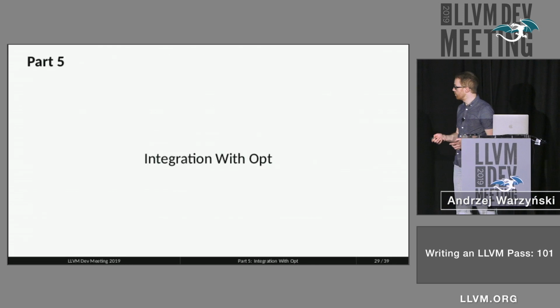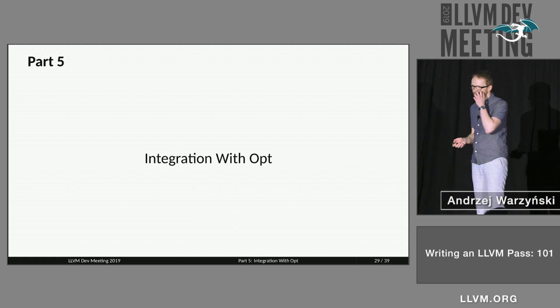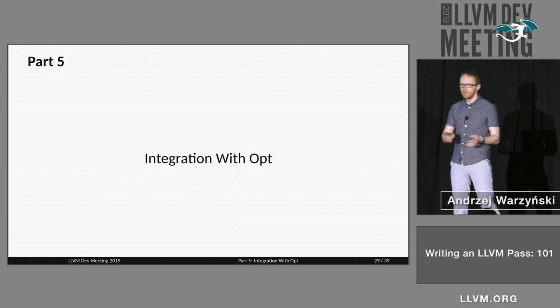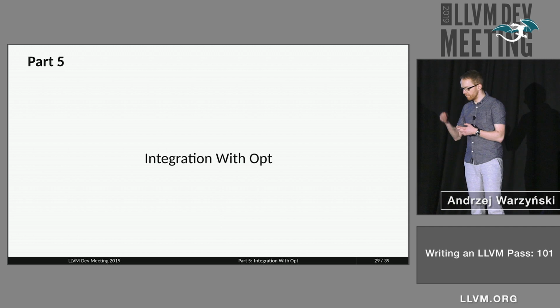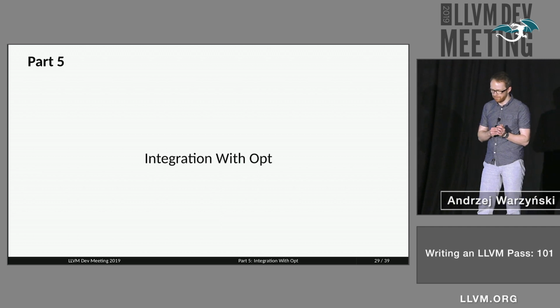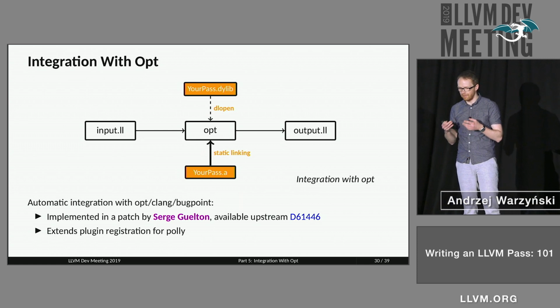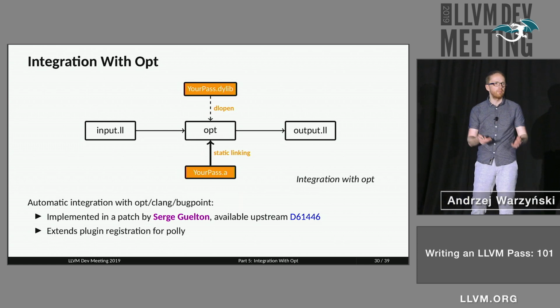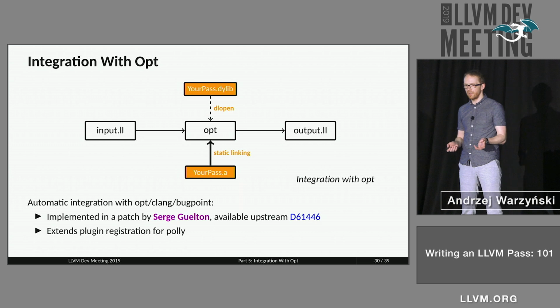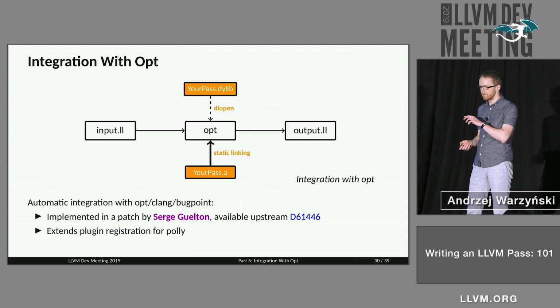The other thing that you may want to do is integrate things back with LLVM. So we've been using opt, and we've been loading things dynamically into opt. But you may get tired of it, and you may want to just have your stuff inside opt or clang or some other tool. To understand what's involved, it's worth taking a step back and realizing what we did.